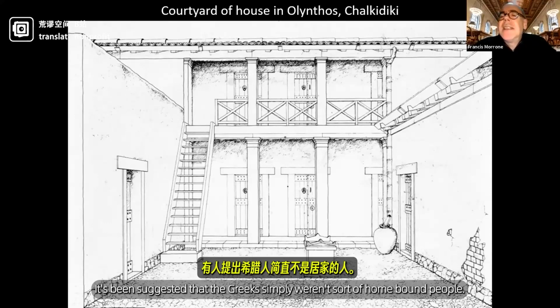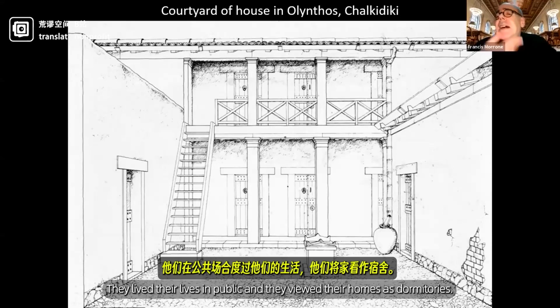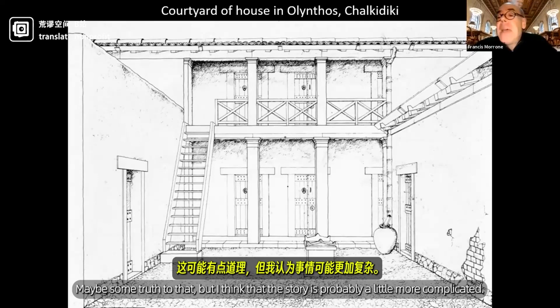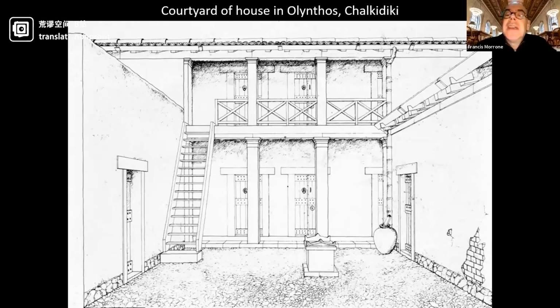It's been suggested that the Greeks simply weren't homebound people. They lived their lives in public, and they viewed their homes as dormitories. Maybe some truth to that, but I think that the story is probably a little more complicated.